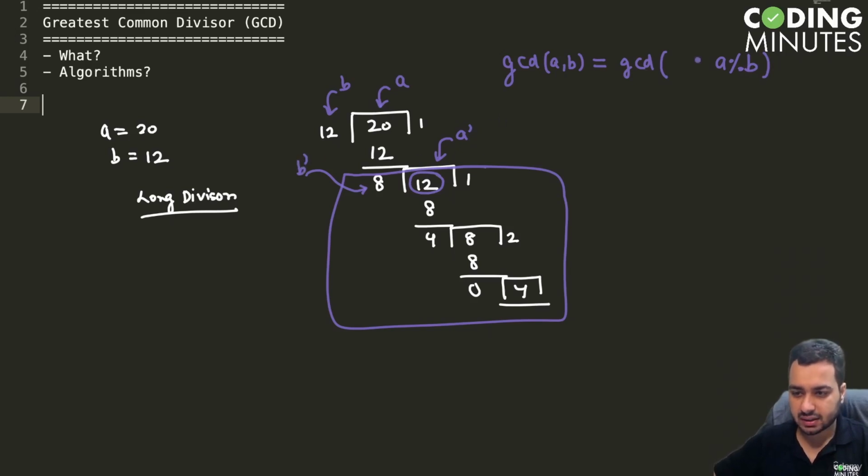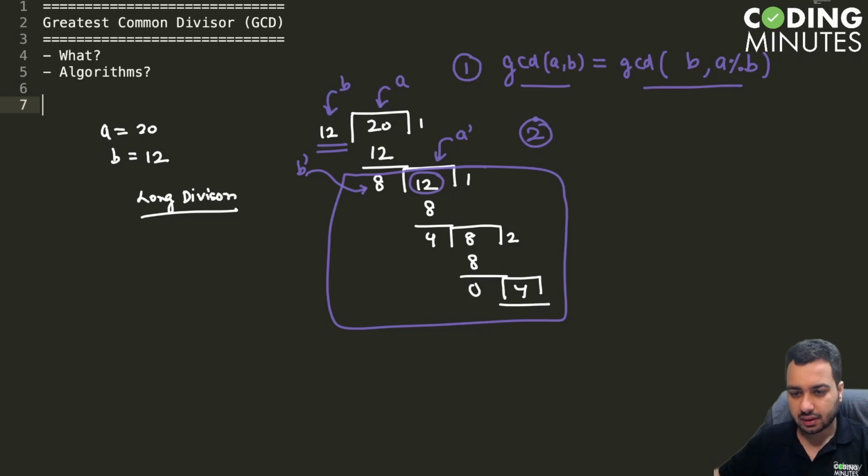A dash is this b. So in one step I can reduce GCD of a, b to GCD of b, a modulus b. This is the recursive definition of GCD.